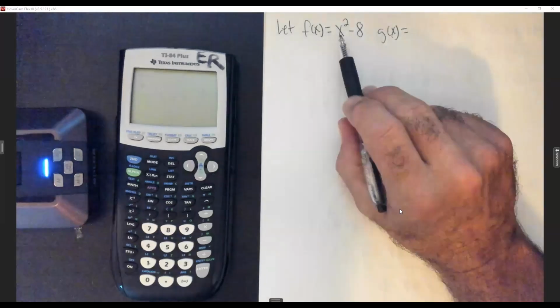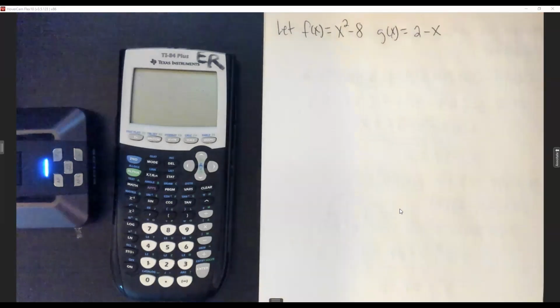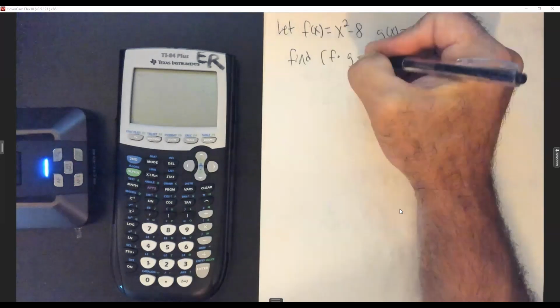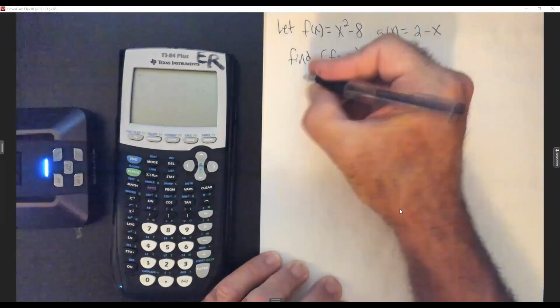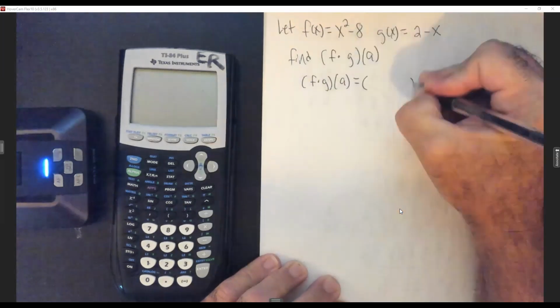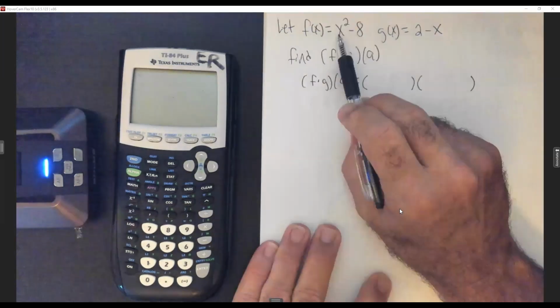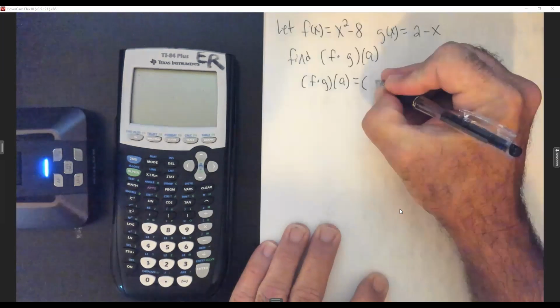All right, now watch this. F of X was X squared minus 8. G of X is 2 minus X. Y'all, they want me to find F times G of A. So F times G of A is going to equal my F of A times my G of A. So when they give me an A in here, I got to replace these X's with the A. This first one, instead of X squared minus 8, will be A squared minus 8.